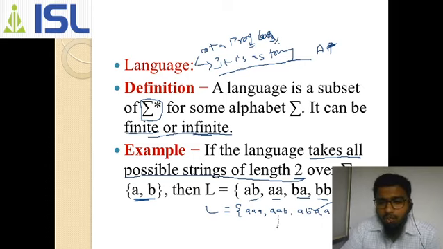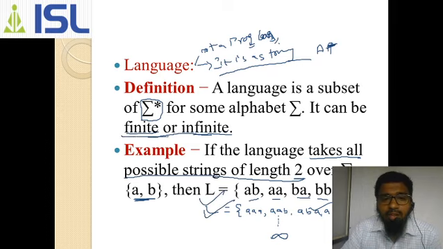Like that, if it goes on, it will definitely go to infinity. So sometimes we have a finite number of strings in the language, and sometimes an infinite number.